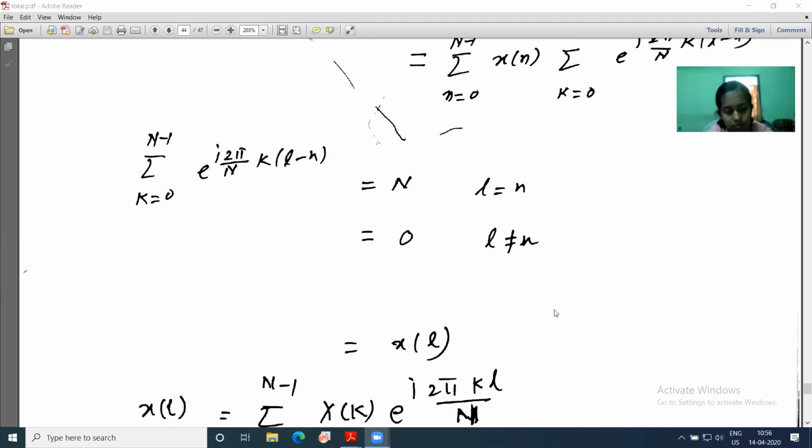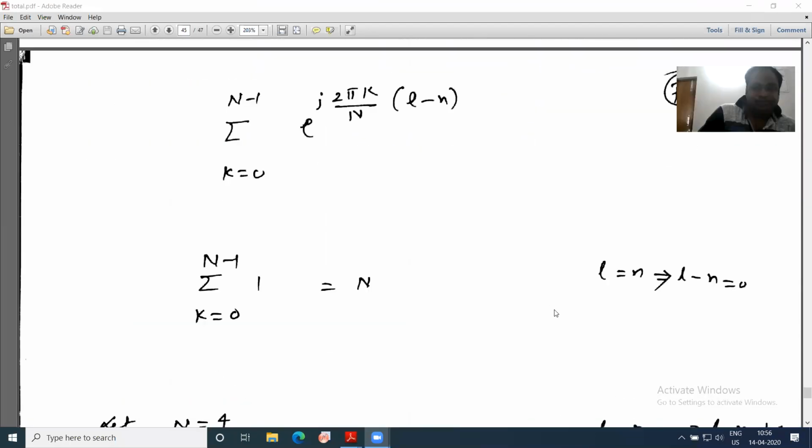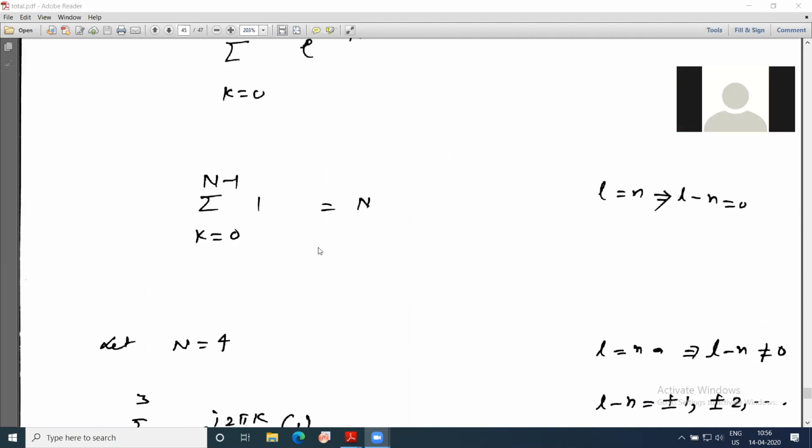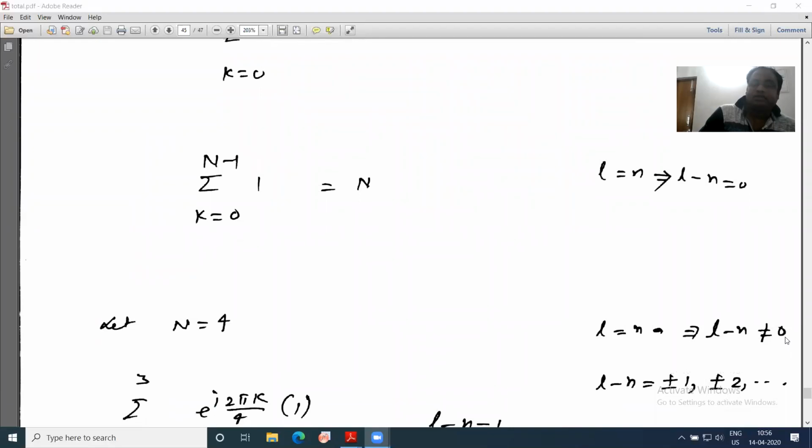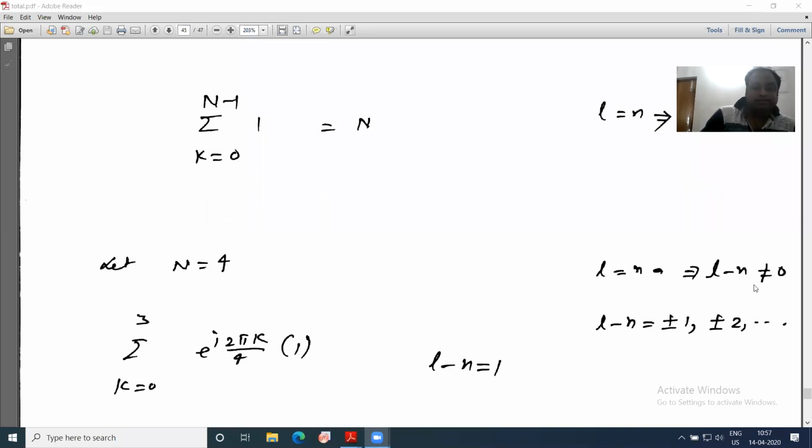Now I will take this in cases. When l equal to n, l minus n equal to 0, then this becomes n, which we have discussed. Now when l is not equal to n, l minus n is not equal to 0, which means l is not equal to n.